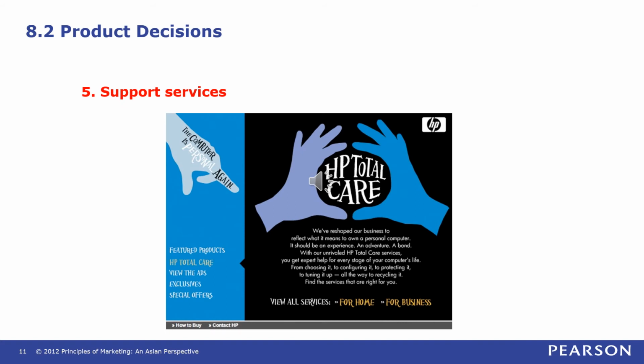The last part of individual product decision is support service. Support service serves as part of the product strategy or market strategy of the company. Once customers have purchased the product, they need continuous assistance from the company. Therefore, some companies provide warranties of several years, more than just 1 year, in order to continue providing after-sales service to the customer.